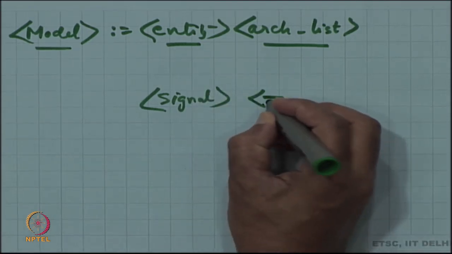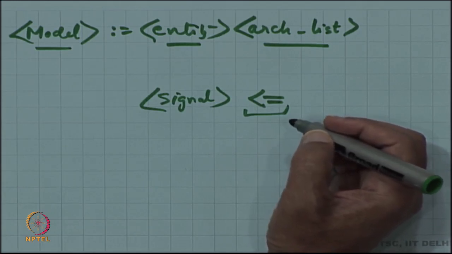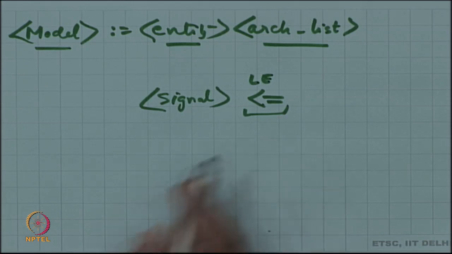Then you have less than or equal to, this is also a token. I should have alerted the lexical analyzer to expect such a thing that looks like less than or equal to, but depending on where it is used, it should be able to correctly disambiguate the meaning of that symbol.